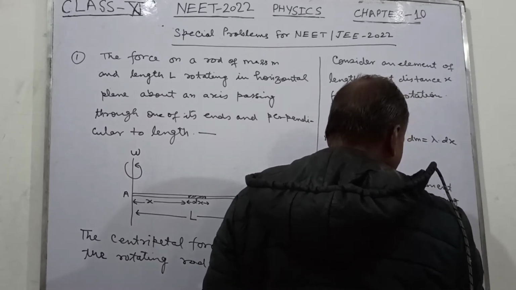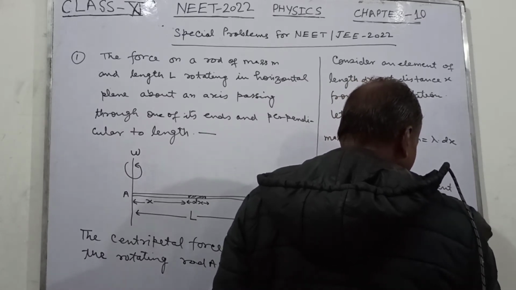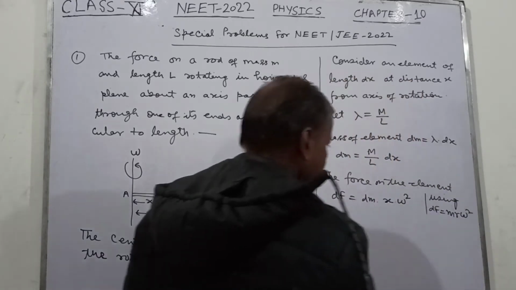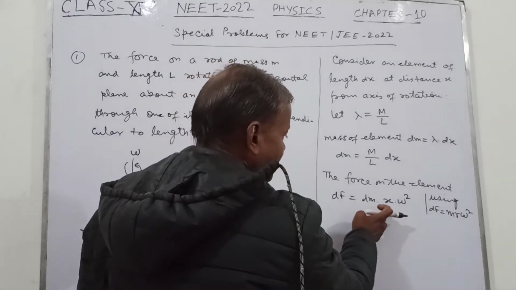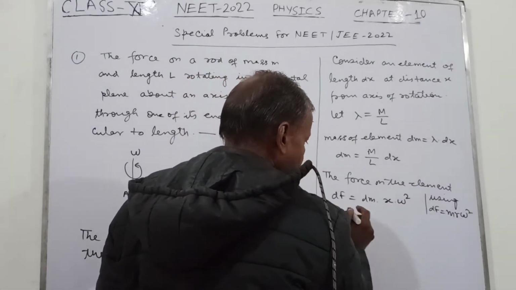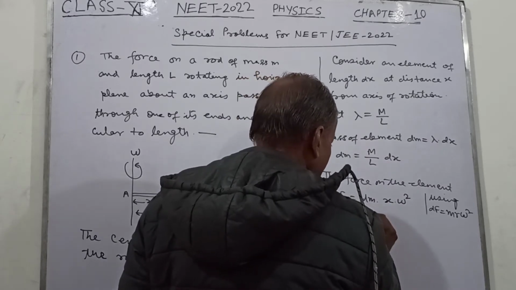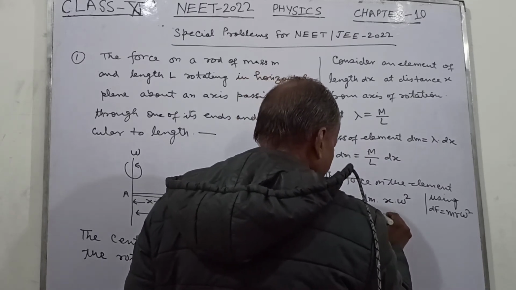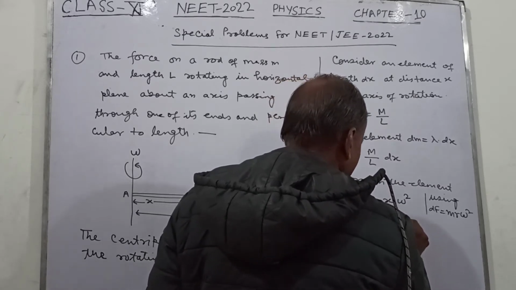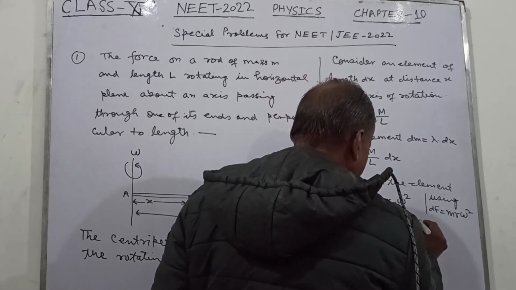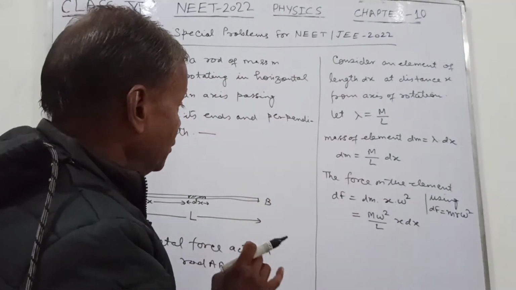Using dF equal to m r omega square, in place of m we will have dm, r is x, and omega square. Now put the value of dm, so that will be m omega square upon L into x dx. This is only for the element dx.